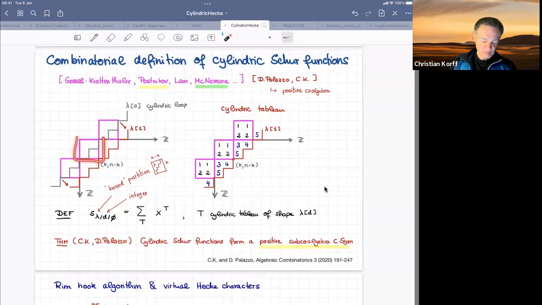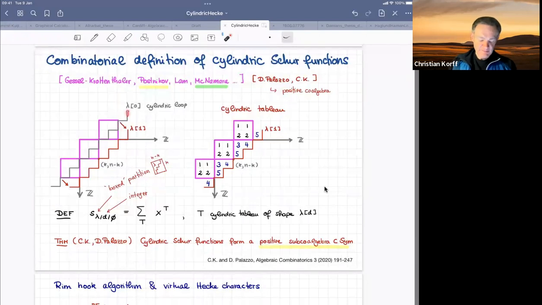drawing your bounding box. In this case, k is 2 and n minus k is also 2, so n is equal to 4. And I've taken here the Young diagram of the partition 2, 1. Then I periodically continue this bounding box and just make infinitely many copies in the plane.